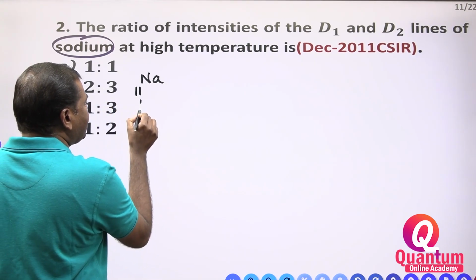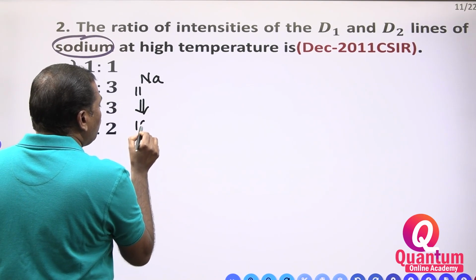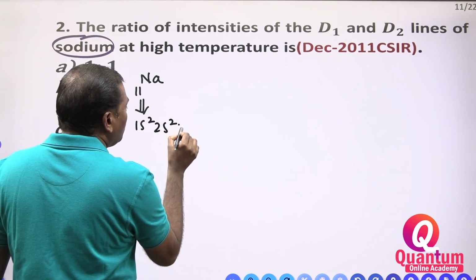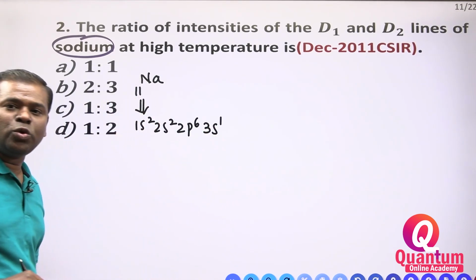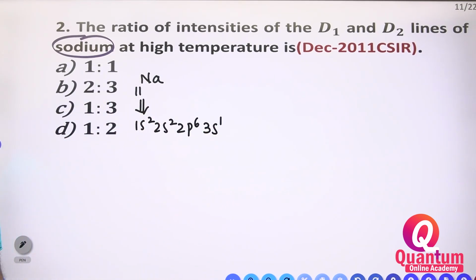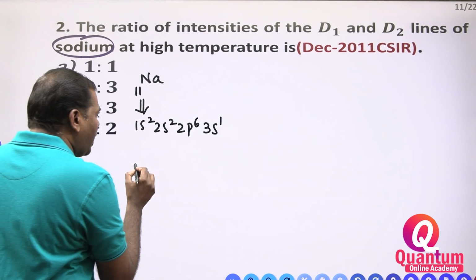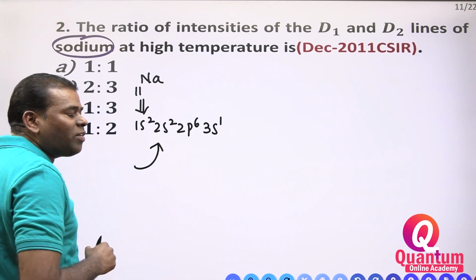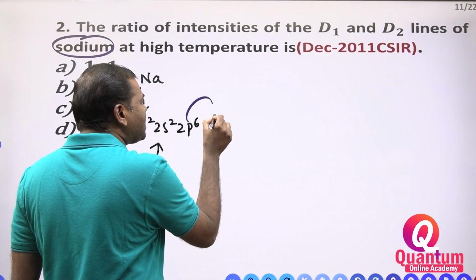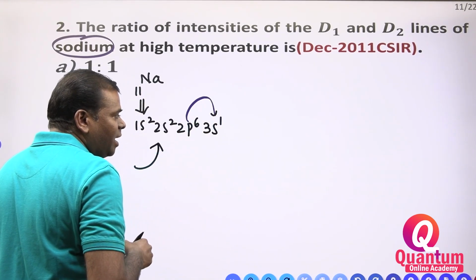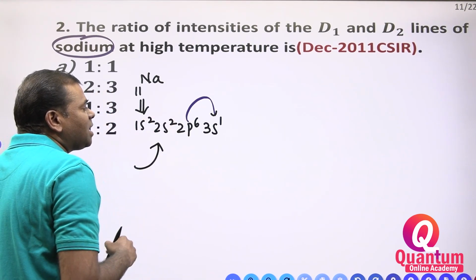If you write the electron configuration: 1s2, 2s2, 2p6, 3s1. First you have to energize it. So what will happen now? This 3s electron will go to the 3p state. The rest are completely filled, so they won't participate.